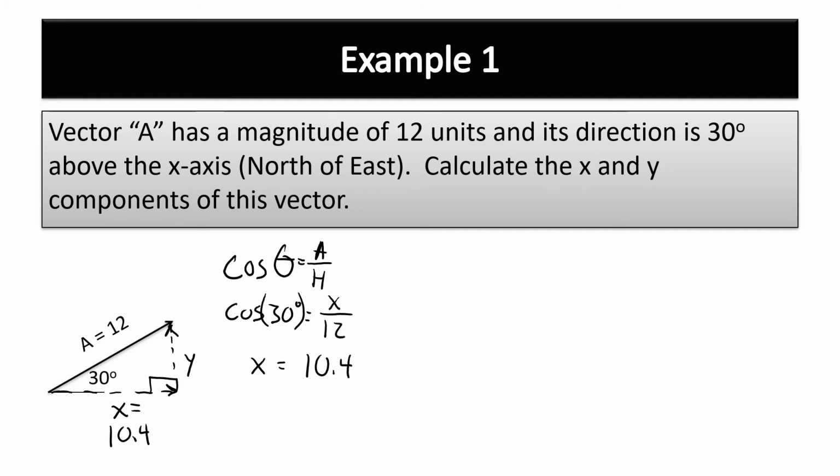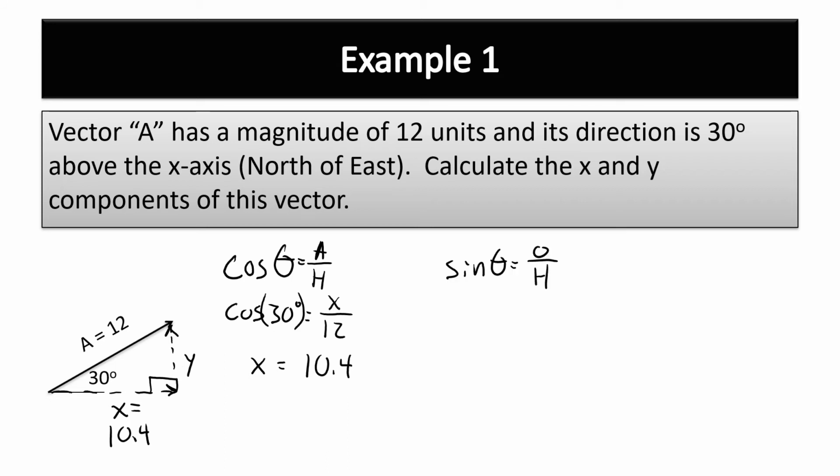How much of it is pointing up? What is the y component? Well, y is opposite that angle, and we'll use the hypotenuse again. We could use this one, but we rounded that, so it's better to use the unrounded number. So we have opposite and hypotenuse. Are we going to use sine, cosine, or tangent? We're going to use sine.